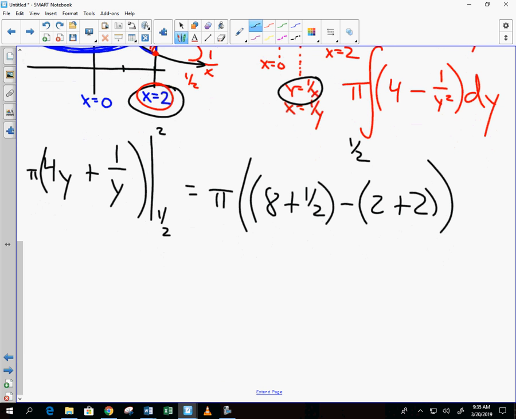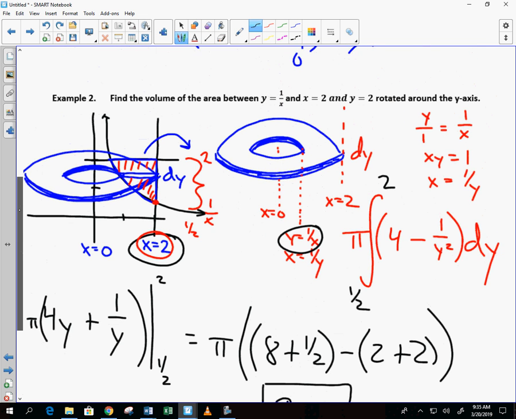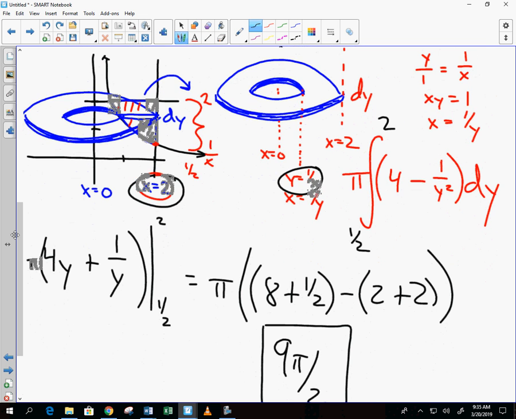So I've got 8 minus 4, which is 4. 4 plus 1/2 is 4 1/2, or 9/2. 9 pi over 2. Isn't that cool? Look at that shape. Look at that mathematics. Man, you've got to be proud of that.